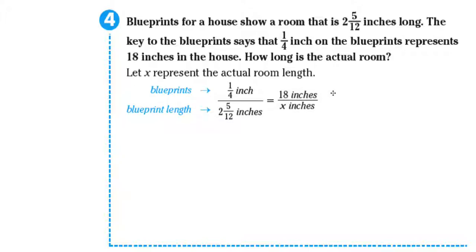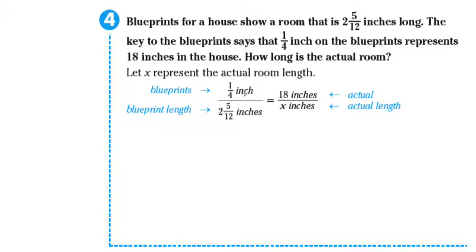So you have 18 inches, which is the actual, and actual length is x inches. So if you notice, this ratio talks about blueprints, and this ratio talks about the actual room. Okay?